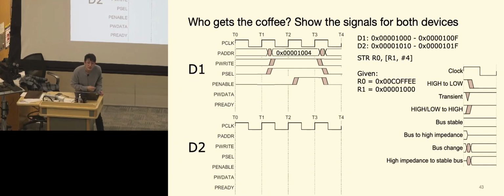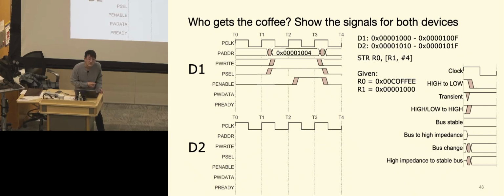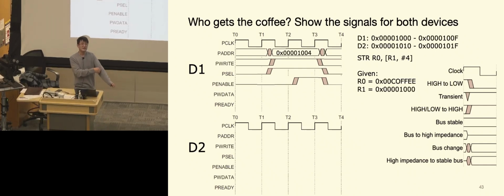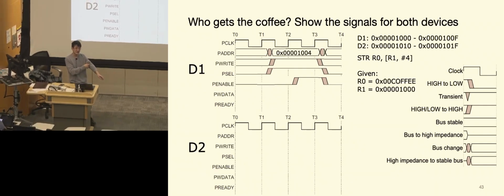Sorry, what signal does P enable check? It doesn't necessarily check anything. It's a signal that's assigned by the core. Because all the data are ready, it enables all the peripherals to do the next step, or it tells all the peripherals that there's something going on in the bus. So stay alert, we're actively doing something.